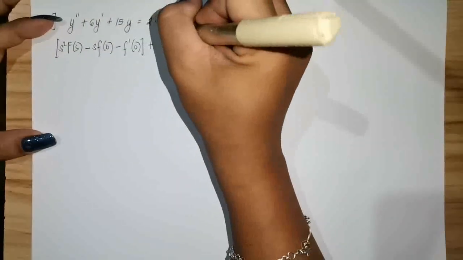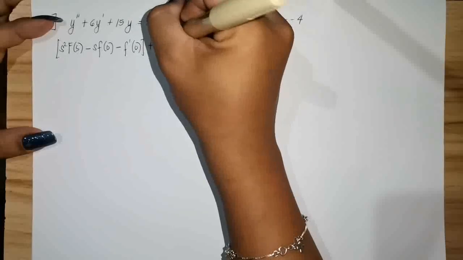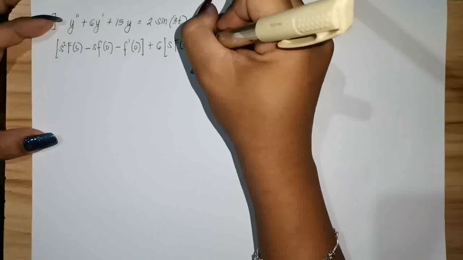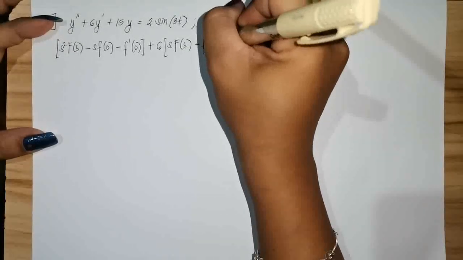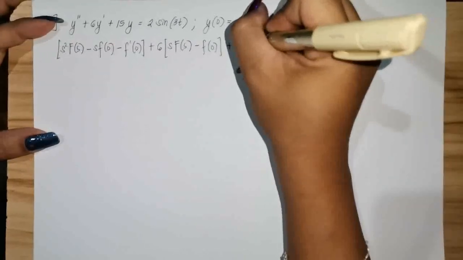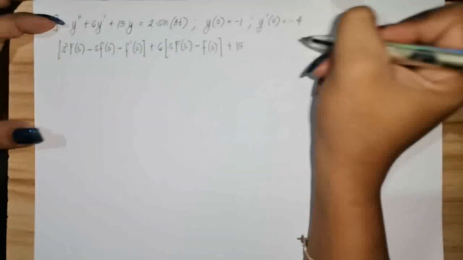Next is plus 6y prime, wherein you will have plus 6 multiplied to s, then f of s minus f of 0. Then next is plus 15y, which is plus 15, then the Laplace transform of y is f of s.